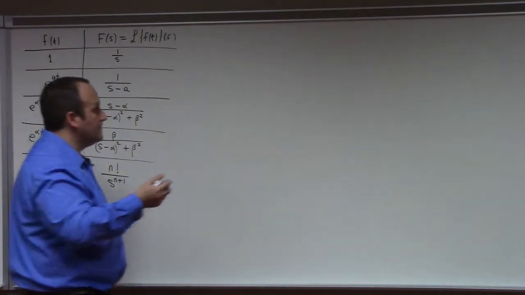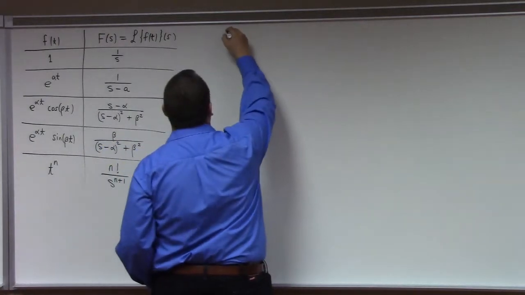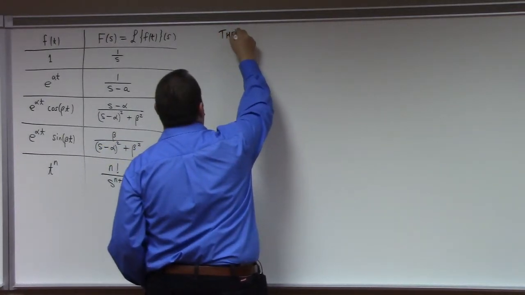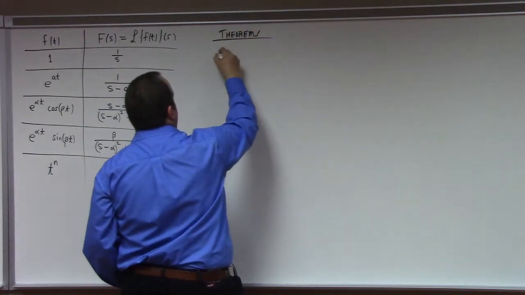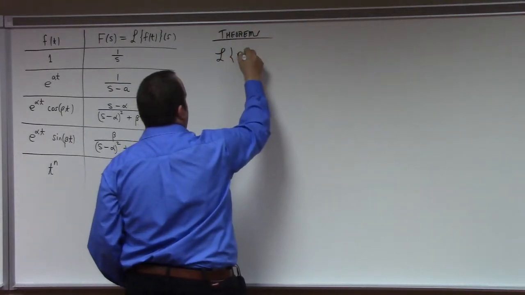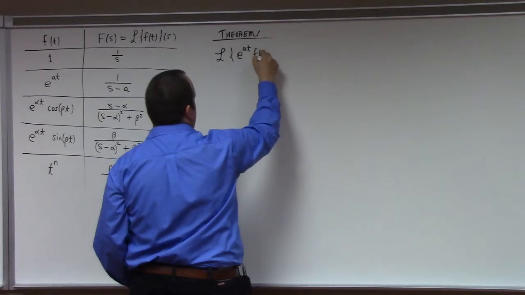And let's see here, we had maybe 3 important theorems last time, I think. What were they? First of all, the Laplace transform of e to the at times f of t was what?